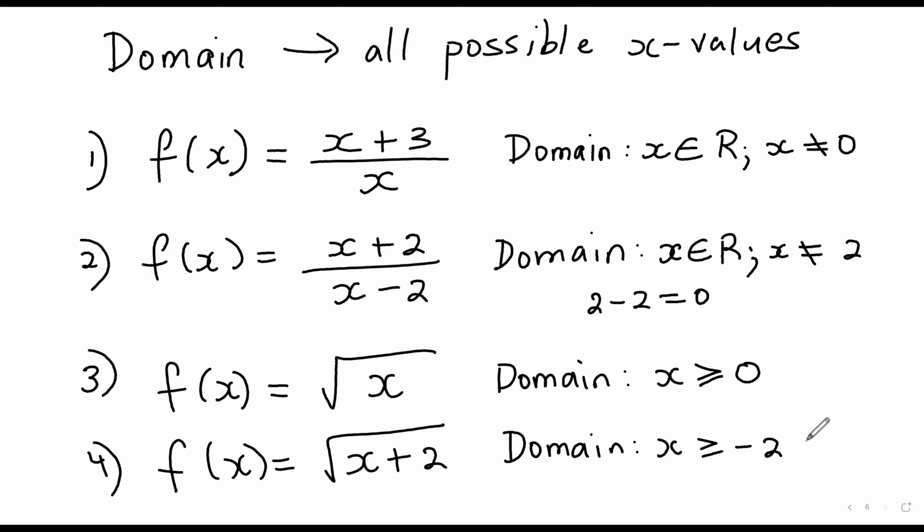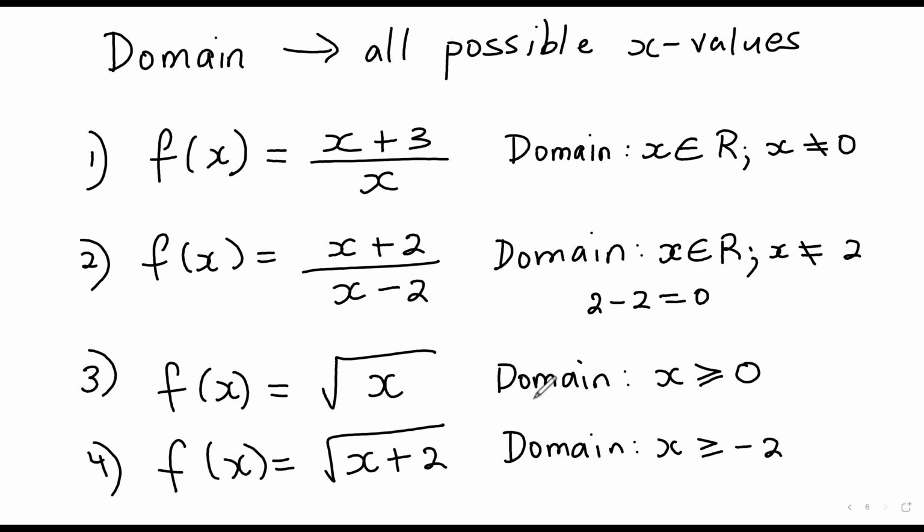So any number greater than or equal to negative 2 would result in a positive number inside of the square root. For example, negative 1 plus 2 is 1, so you can find the square root of 1. It's 1, right? But if you use negative 3, that wouldn't work because negative 3 plus 2 is negative 1, and you cannot take the square root of a negative number.